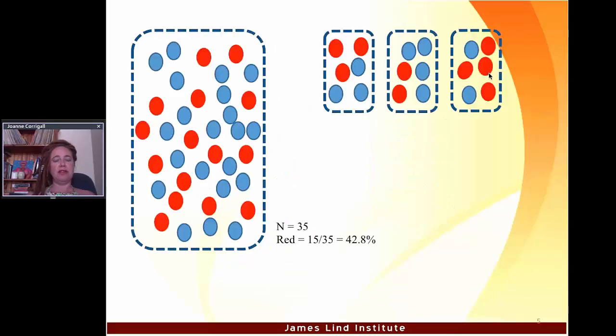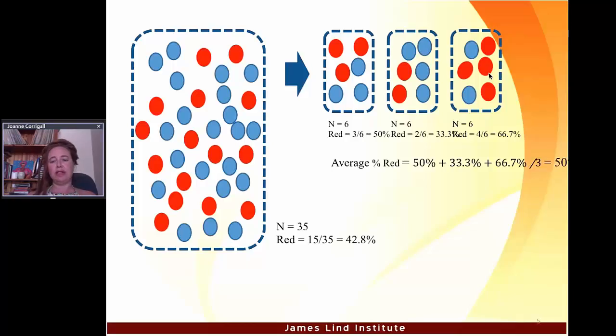So here you can see, for example, let's say the blue dots are people who are healthy, and the red dots are people with our disease or outcome. And you can see in our population, we've got a 43% incidence or prevalence of that particular disease. If we were to take samples of only 6 people from that population, you can see that in these different samples, in the first instance we have a prevalence of 50%, in the second a prevalence of 33%, and in the third a prevalence of 66%.